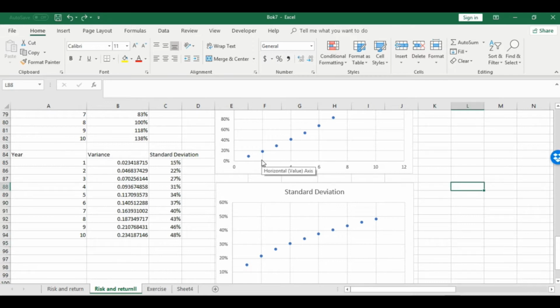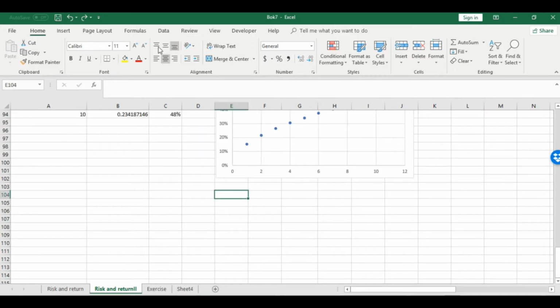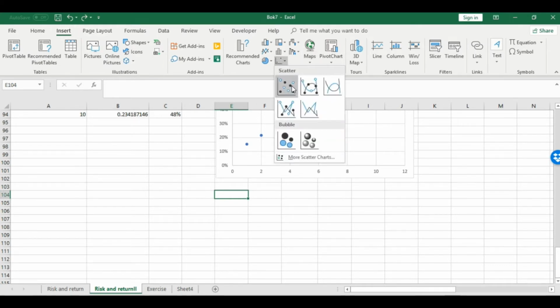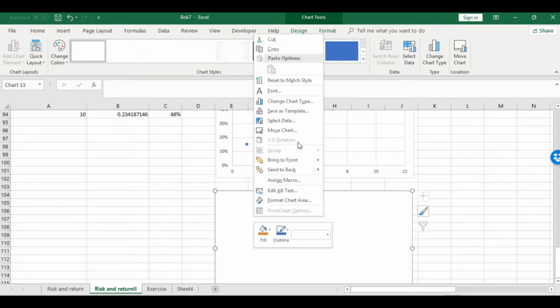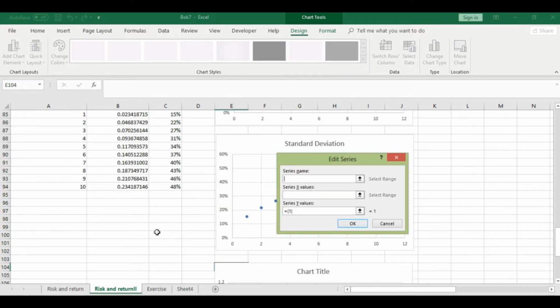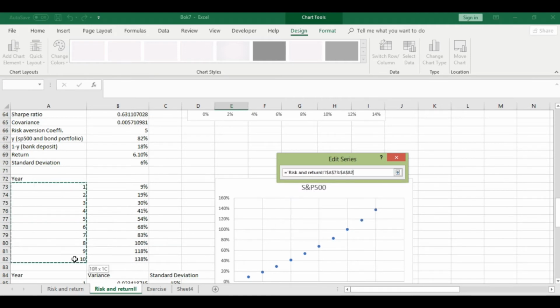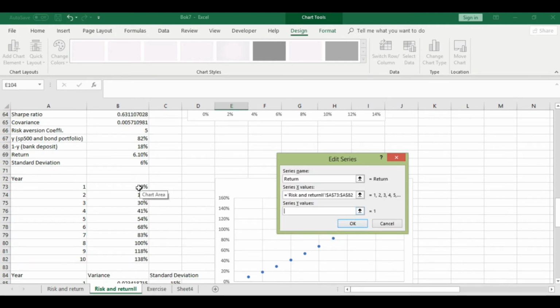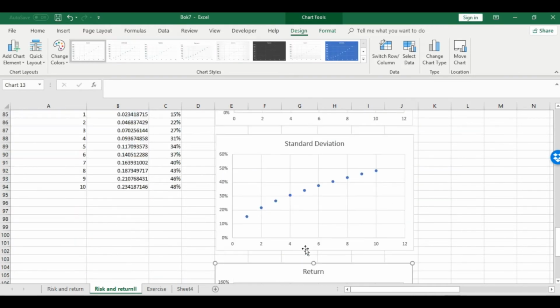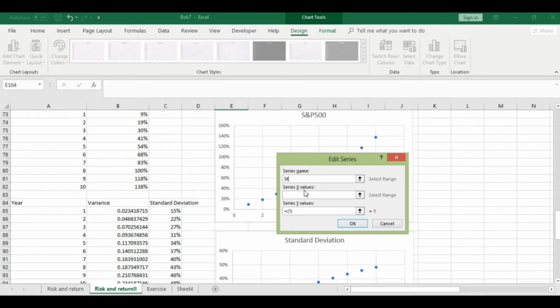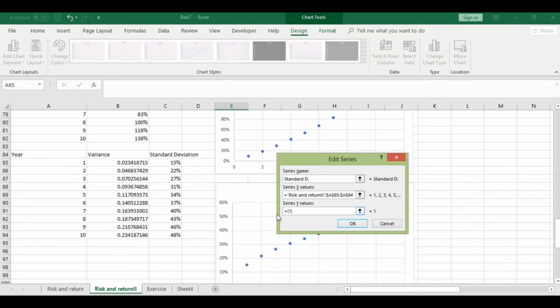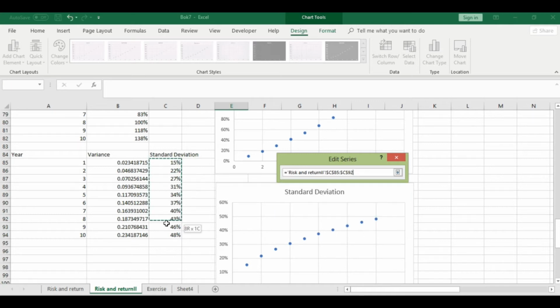Let's plot both data into one chart. So insert, scatter, and select data, add, X value is the year, Y value is the return, and then select data, add, year, standard deviation.